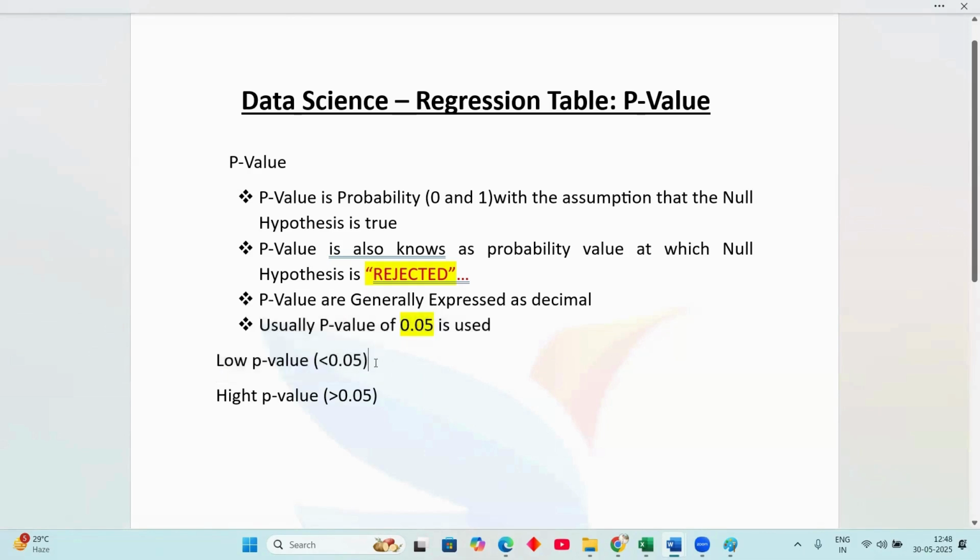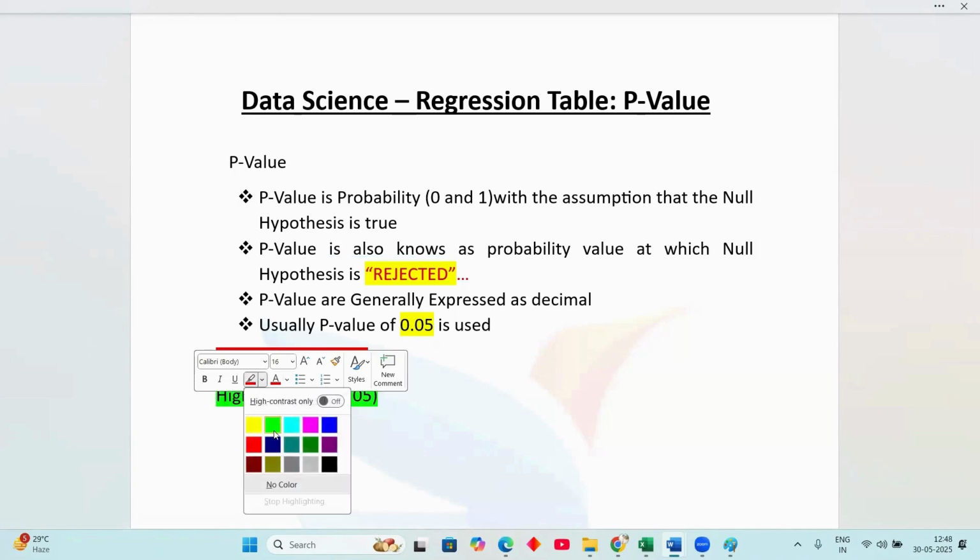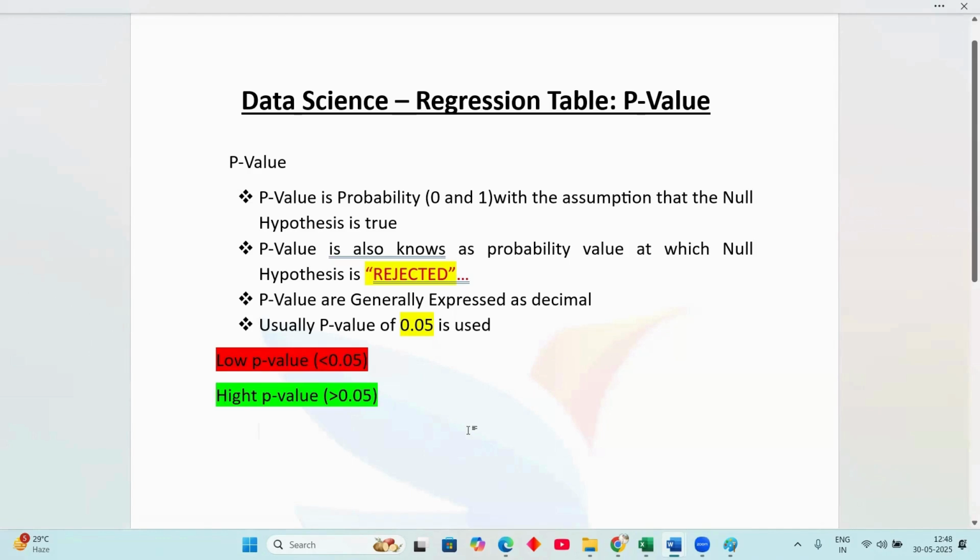In the case of a low p-value, it means that the coefficient is likely not equal to zero. A low p-value indicates the coefficient is not equal to zero. A high p-value means that we cannot conclude the explanatory variable affects the dependent variable, so it is not considered.